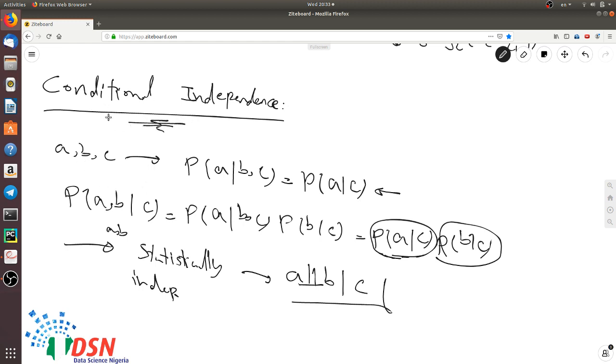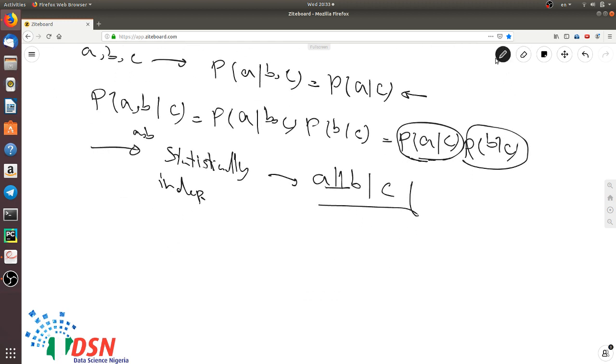Now, why does that matter for us? Conditional independence can simplify the graph for us and has many interesting properties. To determine whether a graph has conditional independence or not, we can use the d-separation method.